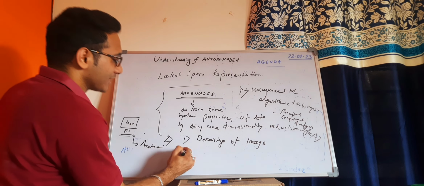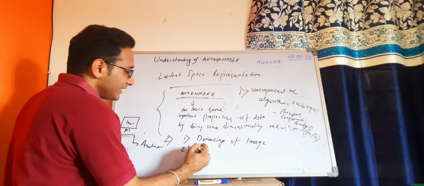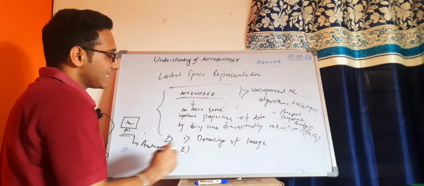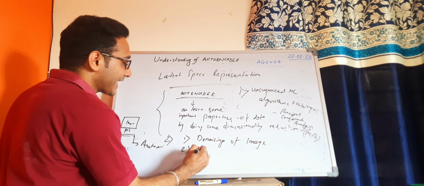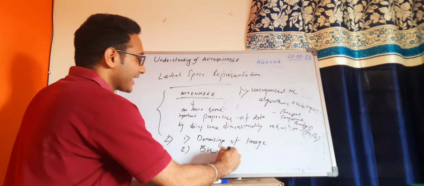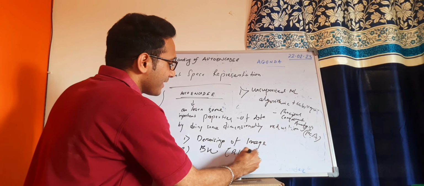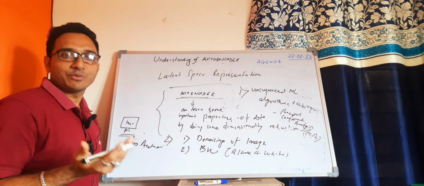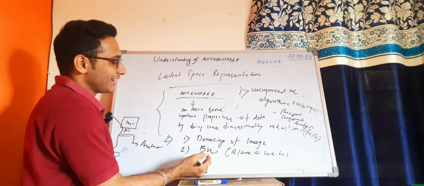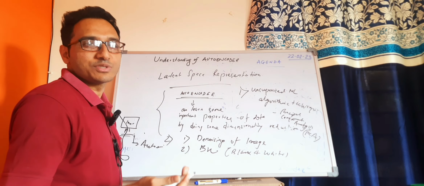Another application I am mentioning. Suppose there is an album in your house, and you have one black and white photo. Nowadays black and white photos are very little used, right?